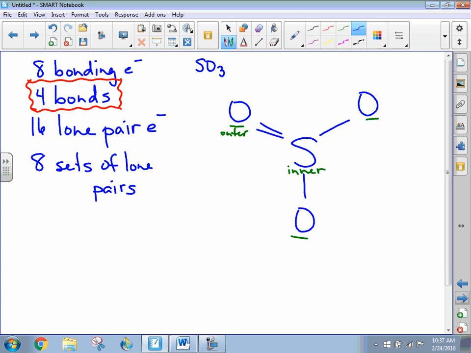So I'm going to start on this atom over here and give it 1, 2, 1, 2. I can get rid of all the green because it messes up my electrons. 1, 2, so that's 16 electrons in total.